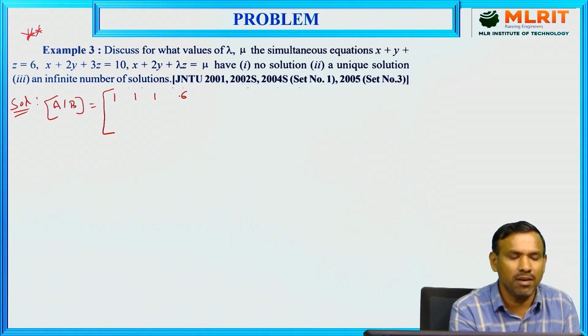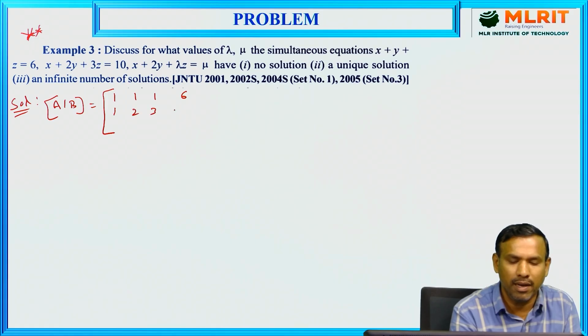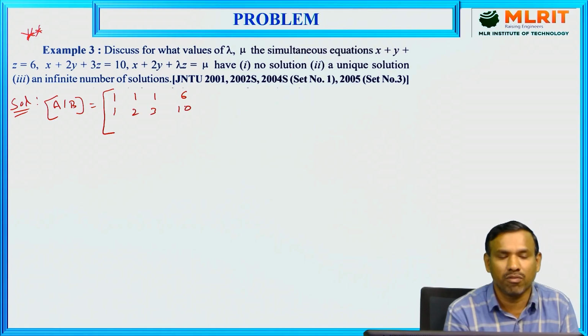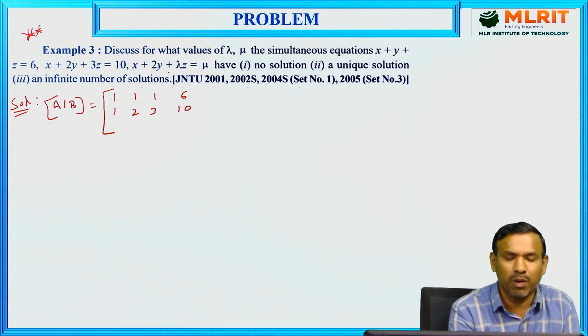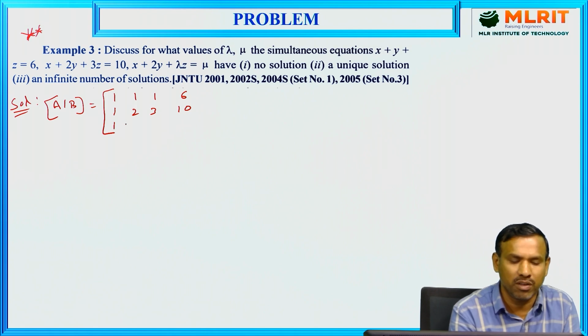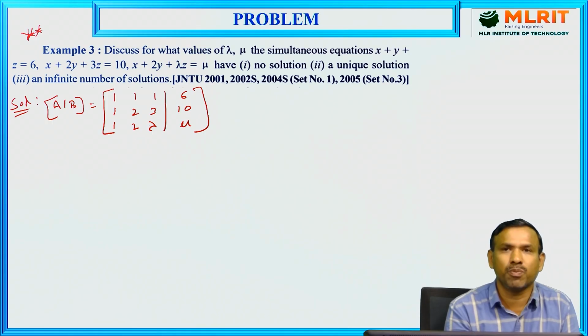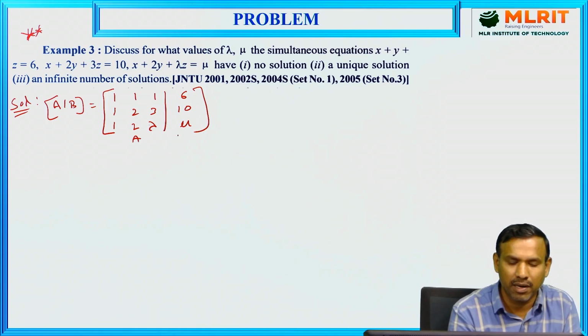Second equation x plus 2y plus 3z is equal to 10 means 1, 2, 3, 10. And I am writing the RHS also in the same way. x plus 2y plus lambda z is equal to mu: coefficients 1, 2, lambda, mu. So this is the augmented matrix. Till here, the first part is A, the second part is B.